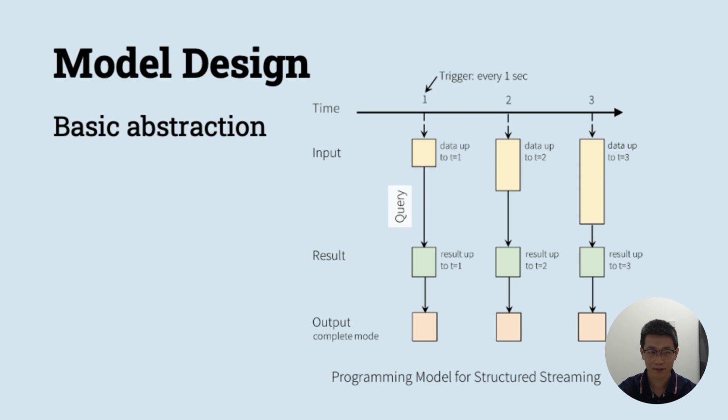This is a relatively simple processing flow, demonstrating how it works with streams. I've taken this diagram directly from the official Spark website. It's better to use their diagrams; they are quite good. Here you can see a timeline with 1 o'clock, 2 o'clock, and 3 o'clock.